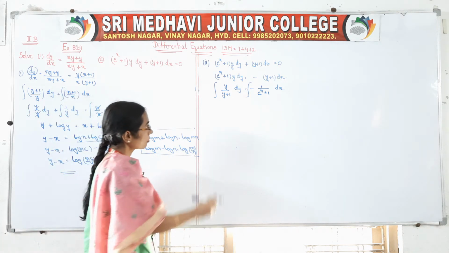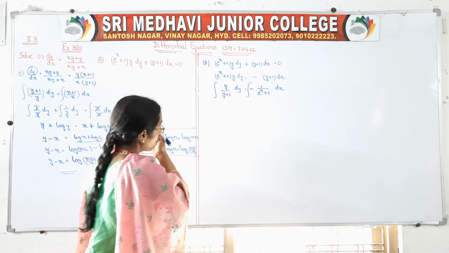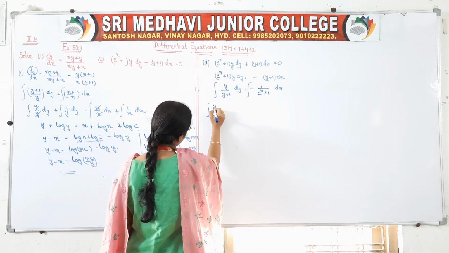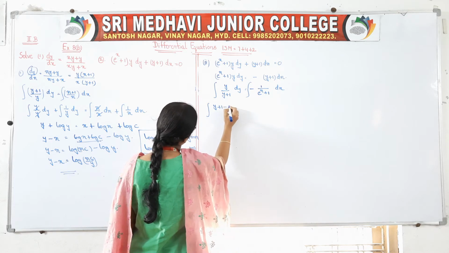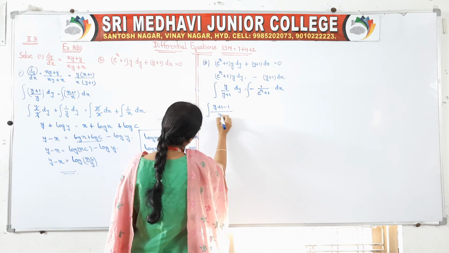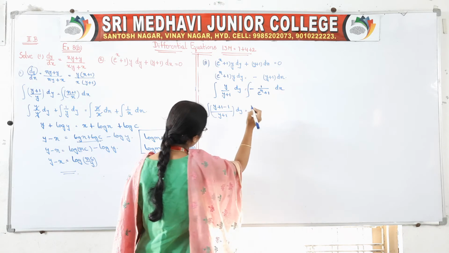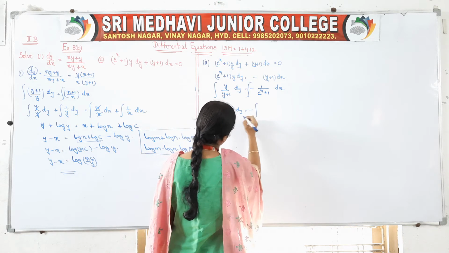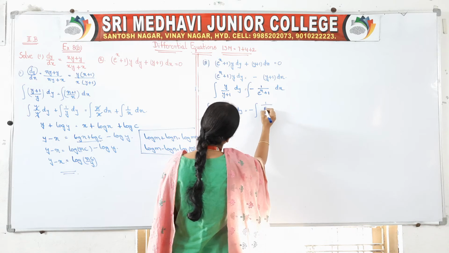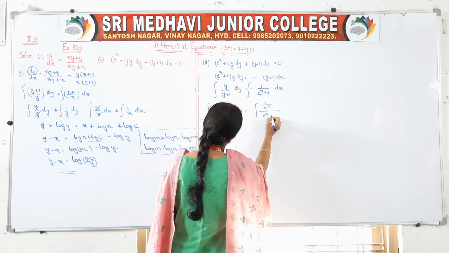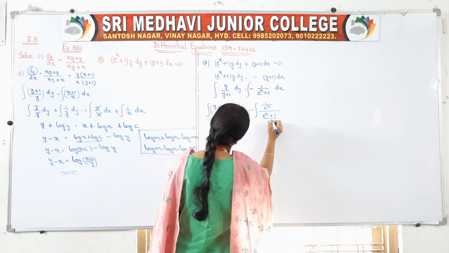Okay. So now how we have to solve this equation: here along with this y, you take plus 1 minus 1, by y plus 1 into dy. Okay, here minus can be taken outside and the numerator and the denominator are divided by e to the power of x.